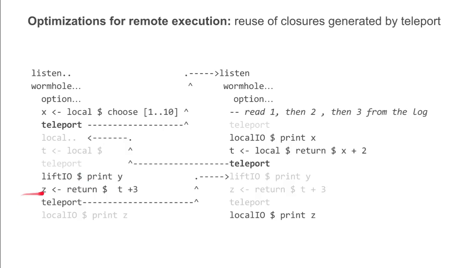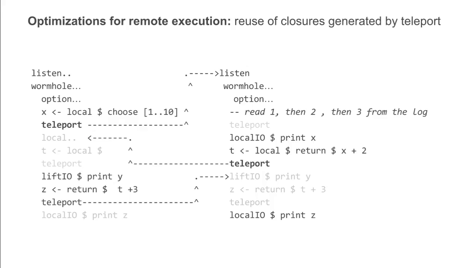calculates another value, sends another teleport, which uses this identifier of the continuation with the remote listen, reads it and executes with this log, and finally prints the last value calculated in the previous node, in the local node.